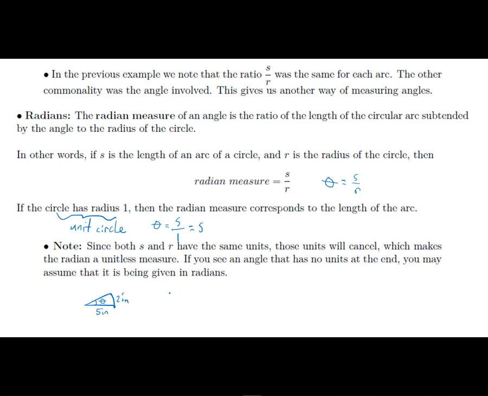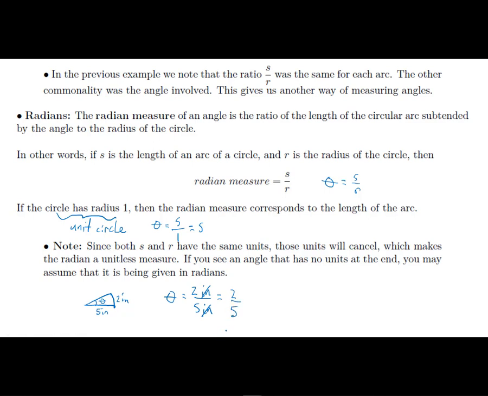So if that were the case, following the formula, I would say this is 2 inches, being careful to include my units, divided by 5 inches. So it's interesting to note that the units there cancel.